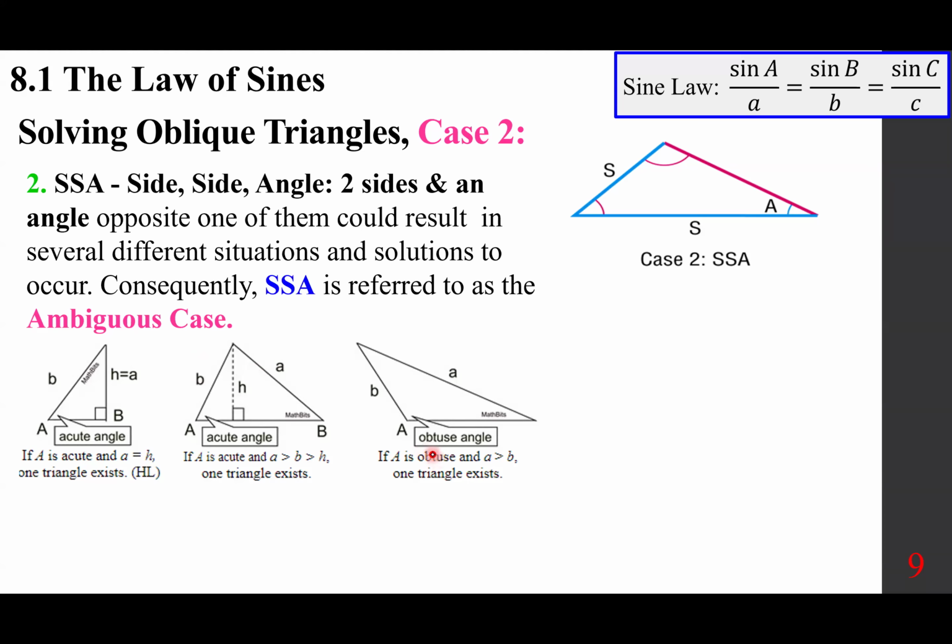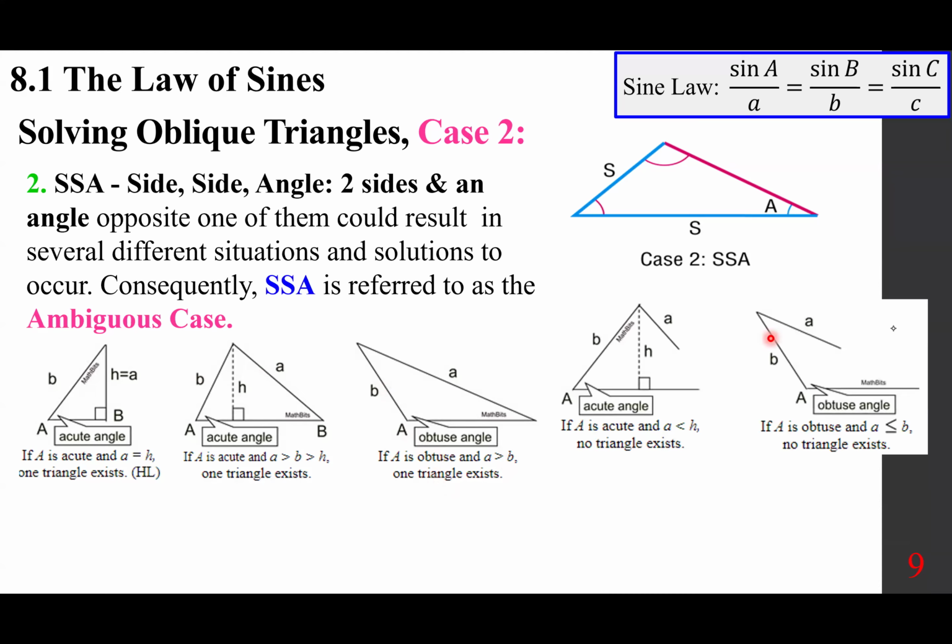If A is obtuse, larger than 90 degrees, and a is larger than b, one triangle exists. In these two cases, if A is acute and a, one side, is less than h, it can't happen. No triangle exists.